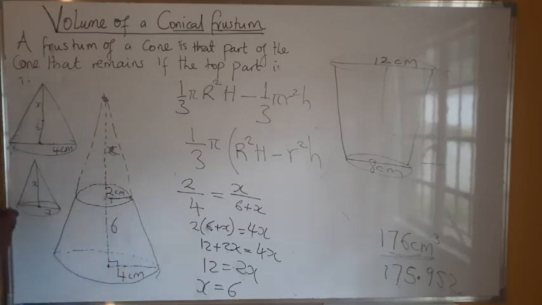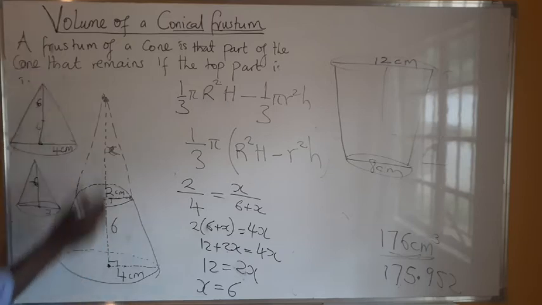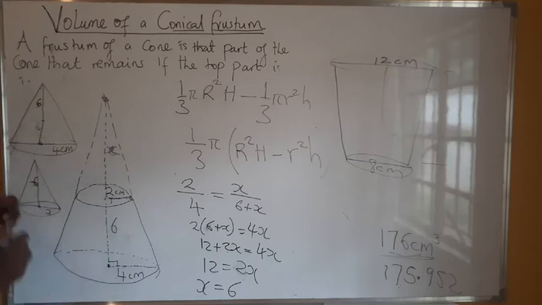So meaning the height of the bigger cone is now, this is also 6, and then here we have 6. So the height of the bigger cone now is 12. From this point up to that point, it's 12. Okay?